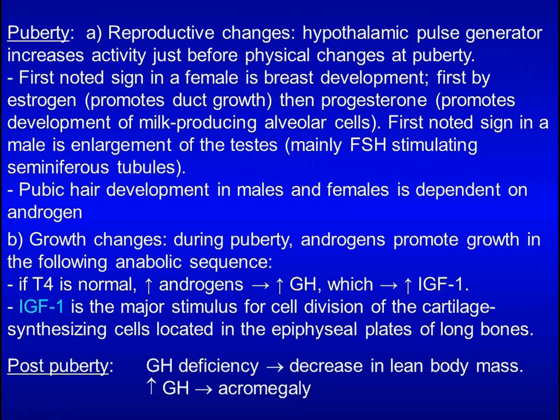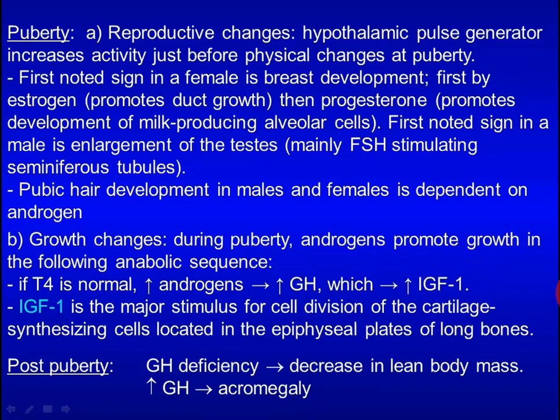At puberty, there are also growth changes. Androgens promote growth in the following anabolic sequence. When thyroid hormone is normal, a rise in androgen increases growth hormone secretion, which in turn increases IGF-1 secretion.